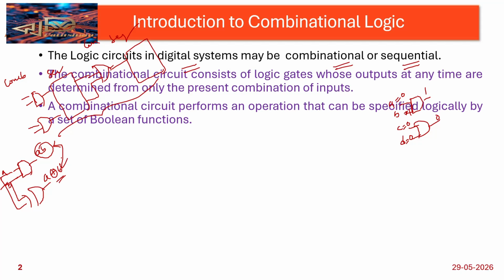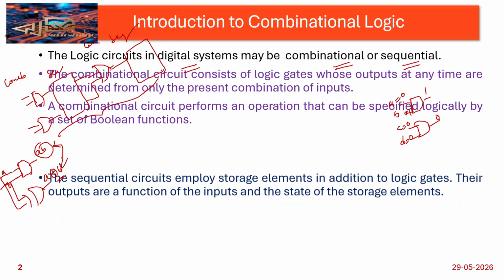All these things need some stimulus, right? That stimulus we are giving through Boolean expressions, or Boolean equations, or Boolean variables. Boolean variables are the inputs, and Boolean expressions are the outputs. Clear?